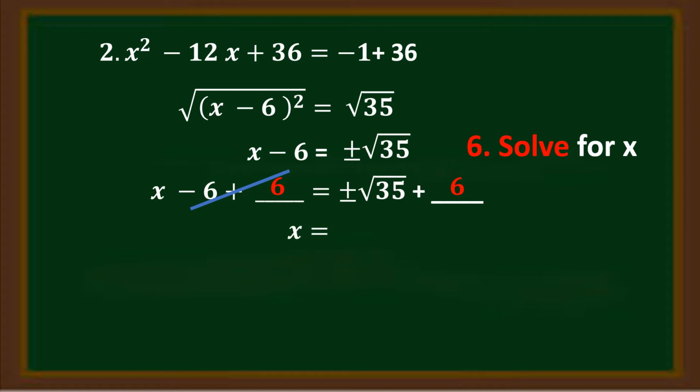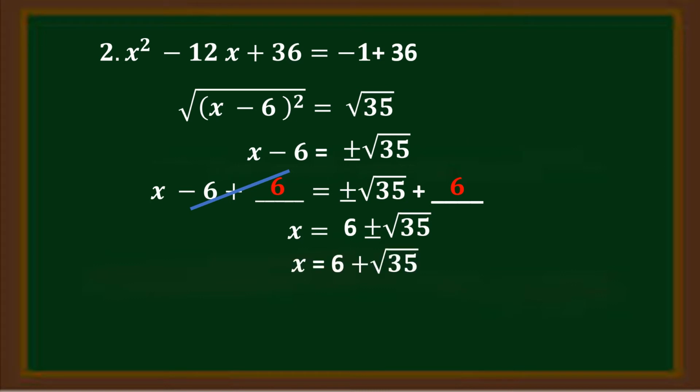In our right side, we have plus minus the square root of 36 plus 6. We'll be writing first 6, giving us 6 plus minus the square root of 35. We have two values of x in here. First is 6 plus the square root of 35, and 6 minus the square root of 35.